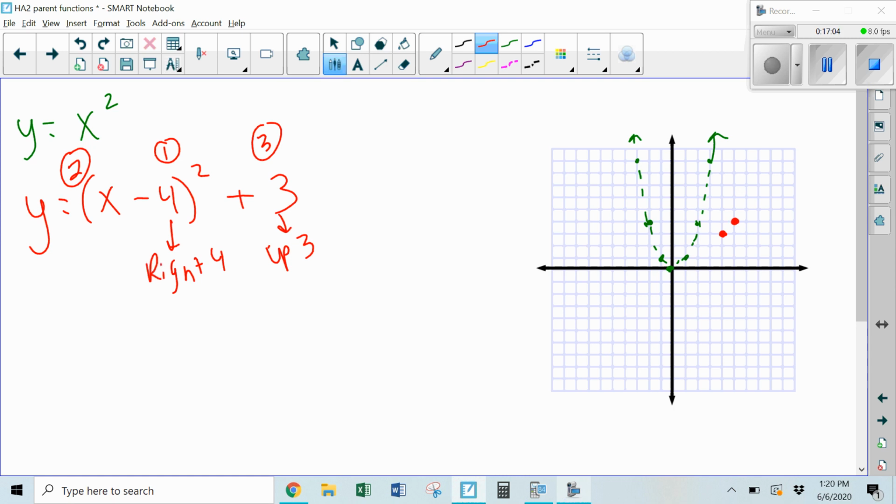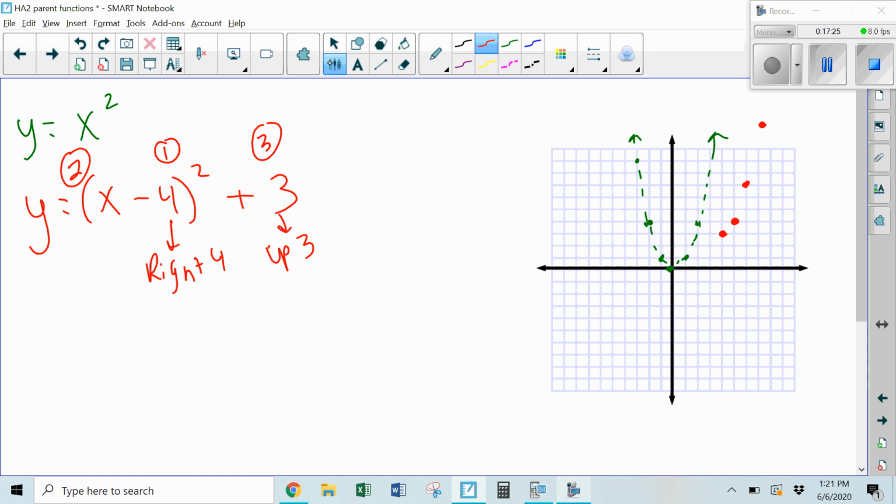Take the next dot in your graph, over 4, up 3. Now if I take this dot up here, move it over 4, up 3. It's not going to fit on my graph anymore, which is fine. You don't actually have to do every single point, but as many as you can is good.